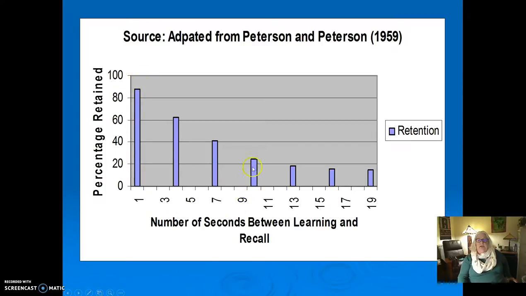At about 10 seconds, you're down to 22% of the information, and so forth. By 20 seconds, you've lost a significant amount of information. If you don't actively work on it, it's like information on your computer screen that will fade away unless you're doing something with it. I'm hoping this slide will help you remember this information.